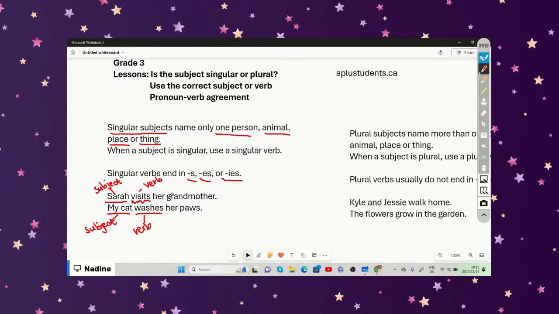So if we have a singular subject, one person, then our verb will end in s, es, or ies. So that is basically our singular subjects.